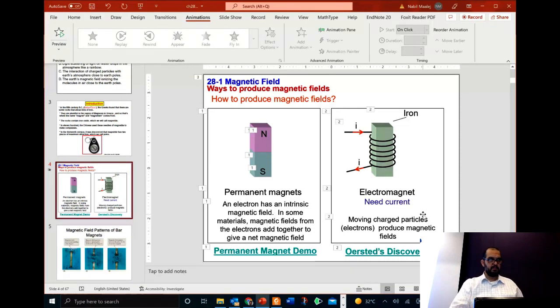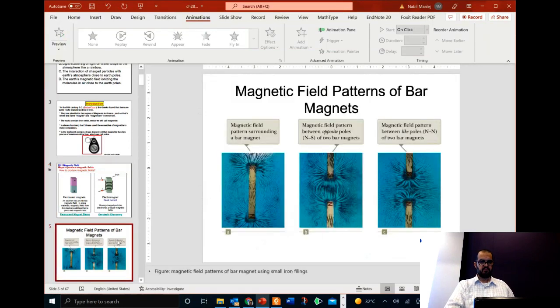If you have a permanent magnet, it's made of material that causes, for example, iron to be attracted to it, and permanent magnets have a north and a south pole. We said if you have iron filings and you put them close to a permanent magnet, they distribute in such a way as to show you the magnetic field lines.